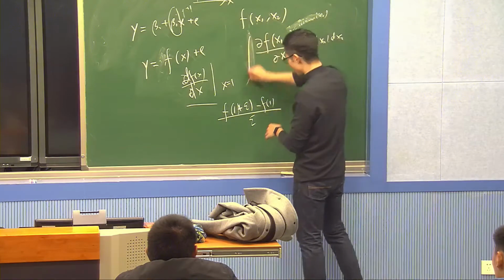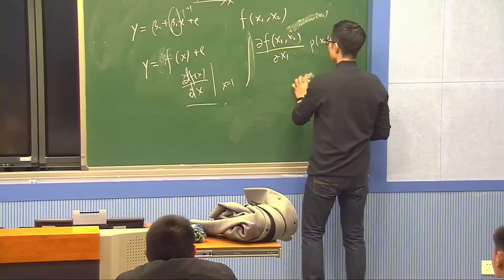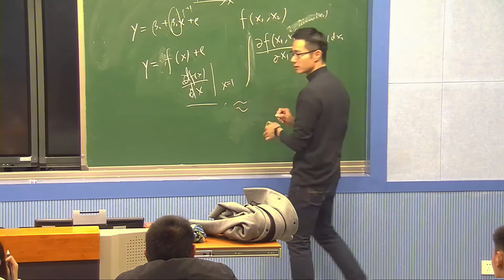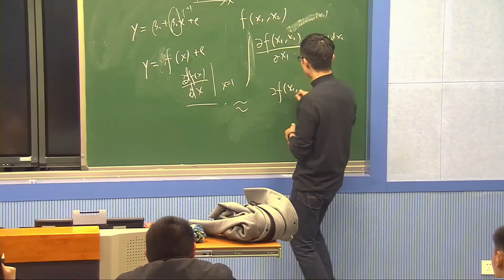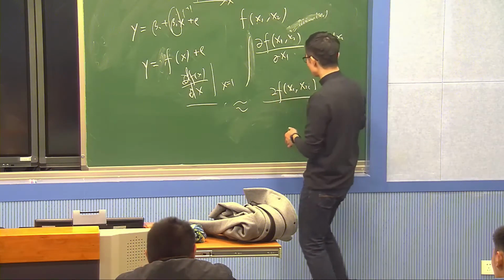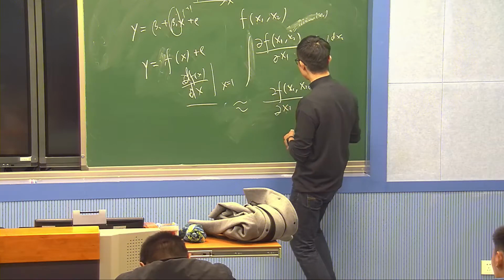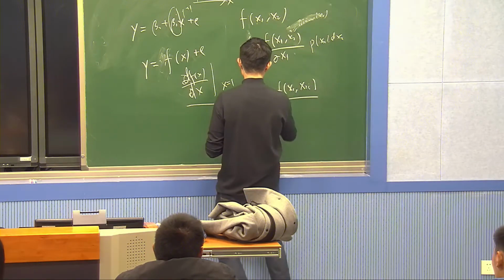If your data is large enough, you can typically approximate the integral as the sum over each data point, divided by n, the summation of i equal to 1 to n.